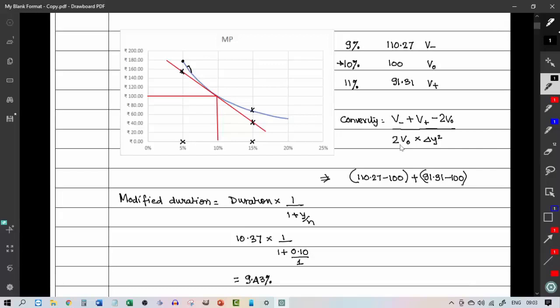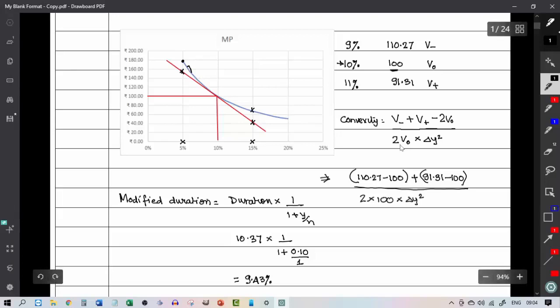So in order to measure a singular change, we need to divide this whole thing by 2. Now this would give us an absolute number, but since we need to express this as a percentage, we need to divide it by the base. And in this case, since we have measured the change with respect to the base of 100, this being the mean price, we divide this by 100. And since the curvature is the second order derivative, remember the straight line was the first order derivative and the curved line is the second order derivative, we multiply this by delta y square.